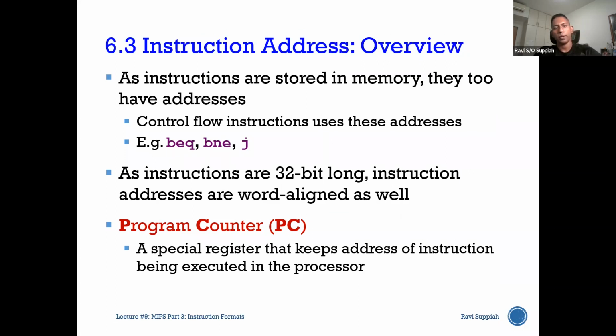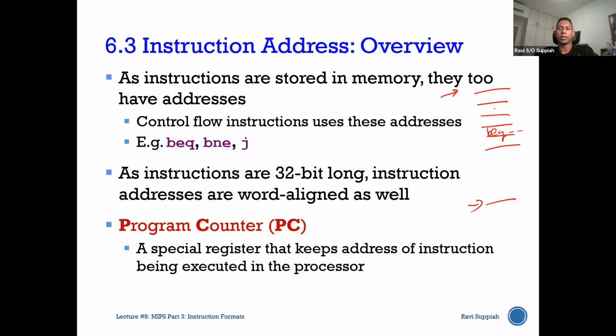When we talk about branch instructions or jump instructions, we are basically looking to change the address of the next instruction that we're going to execute. Normally we execute line by line, but whenever we have a branch instruction, branch if equal, we can potentially not go to the next line. We may go to the next line, or we may go somewhere else, either before or after.